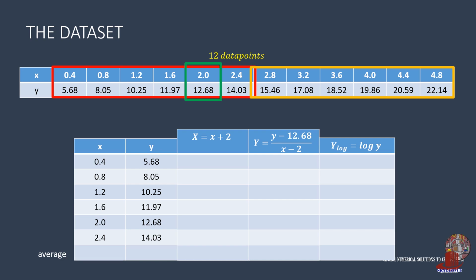So we complete the table starting with the average of x as 1.4. That of y is 10.4433. Now complete the capital X column, giving 2.4, 2.8, 3.2, 3.6, 4, and 4.4. Their average is 3.4.